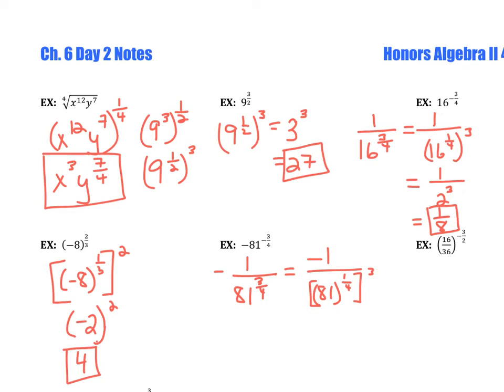So we're accurate on that so far. And then I've got -1. All right, well, the fourth root of 81 means what do I multiply by itself 4 times to get 81? And that's going to be 3. And then I need to cube that 3. So my final answer is going to be -1 all over 27.